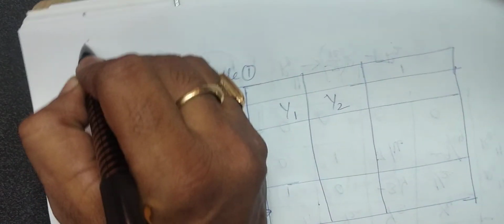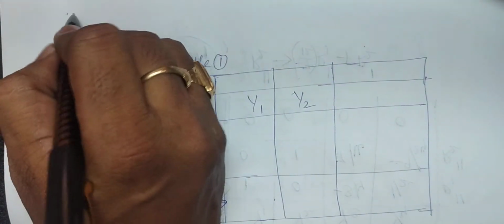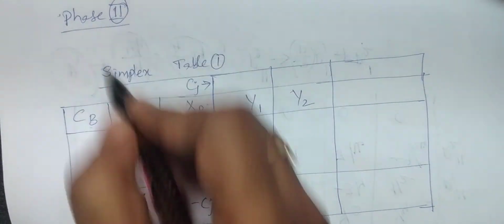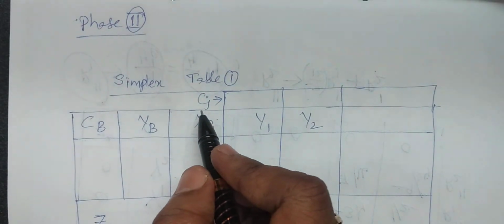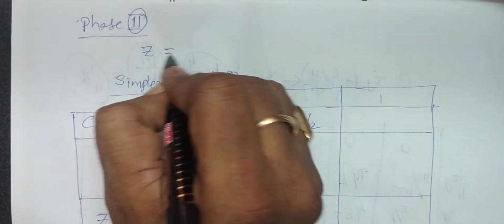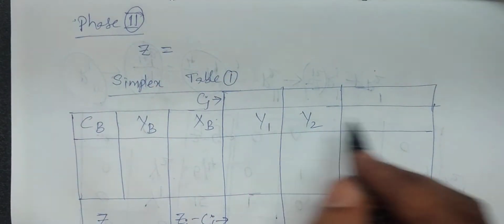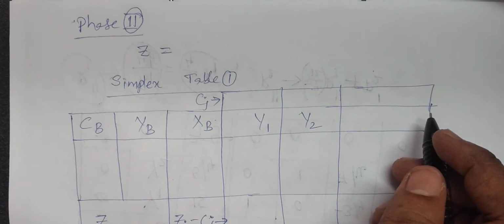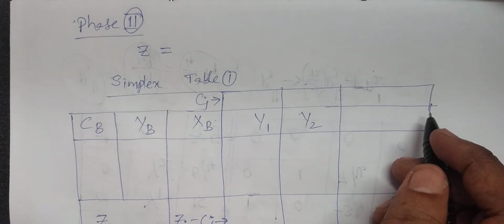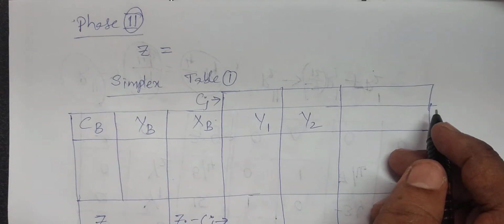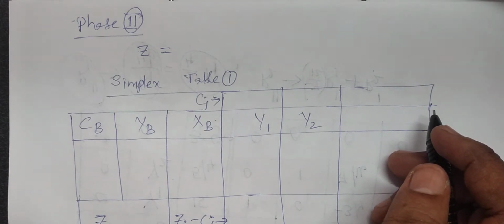What is phase 2? First of all, you have to consider the objective function Z. In the objective function Z, we have to assign the original cost to the original variables, and 0 to slack and surplus variables, and if there is any artificial variable, you have to assign the cost as 0.